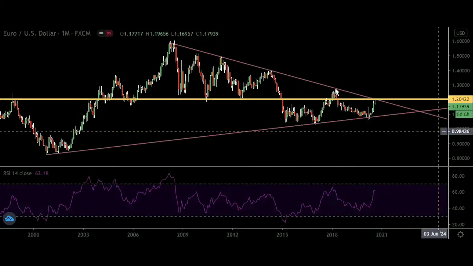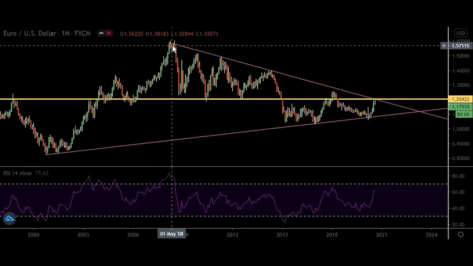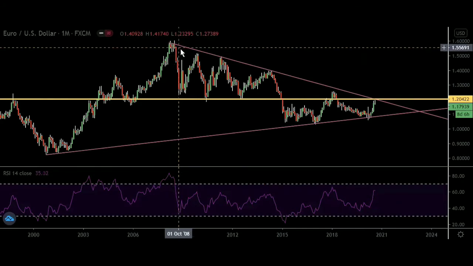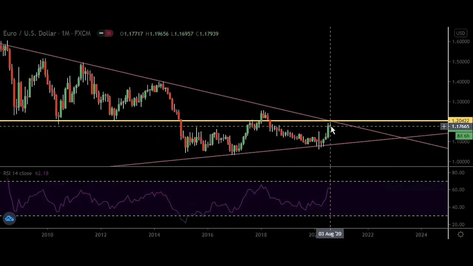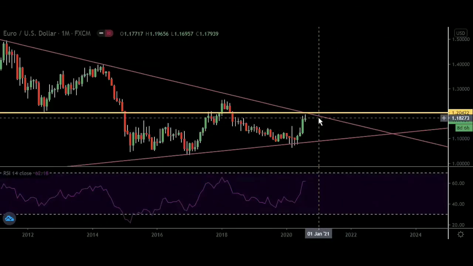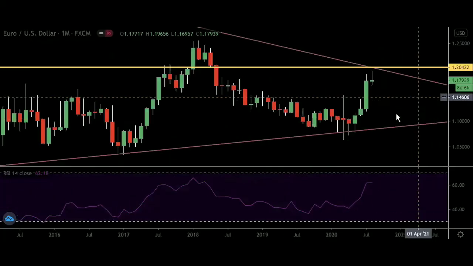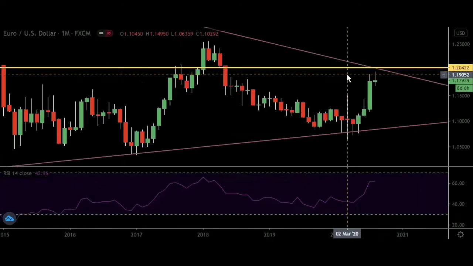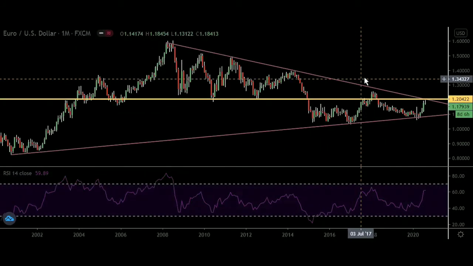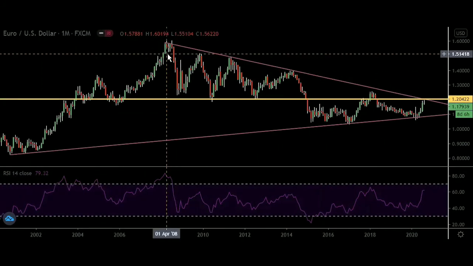I have drawn it from the high of 2008 and it is coming down, and presently in the current month it is just on the verge of this trend line, my friend. So this is from 2008. That means it is 12 years old, correct?